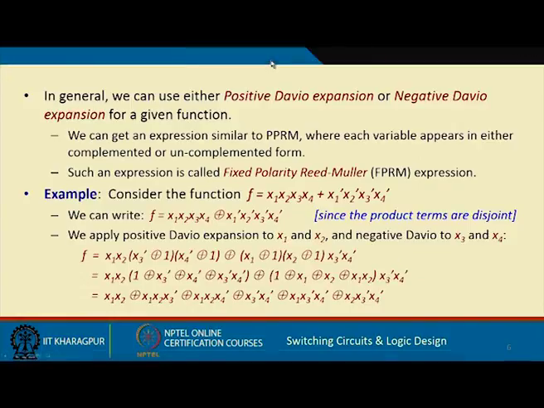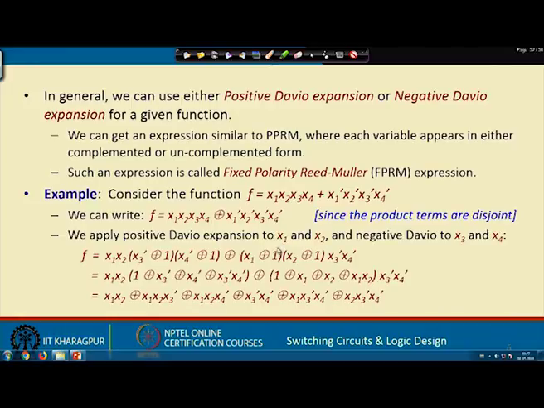Now, let us look at the steps of expansion. What we are doing? We are wanting x1 and x2 to be in the uncomplemented form and x3 and x4 in the complemented form. So, what we do? For the first term, because x1, x2 are already uncomplemented, we leave them as it is, but x3, x4 we want in complemented form.